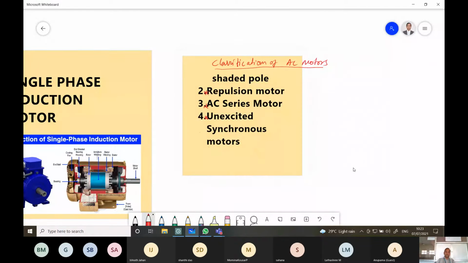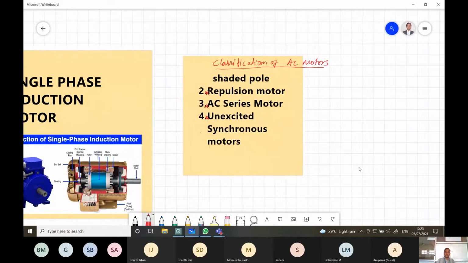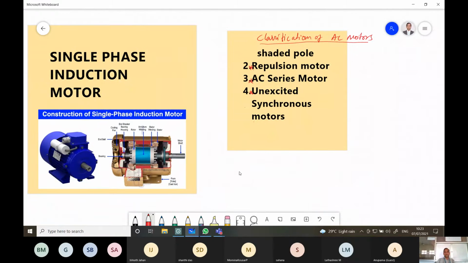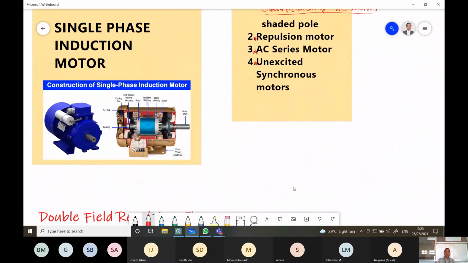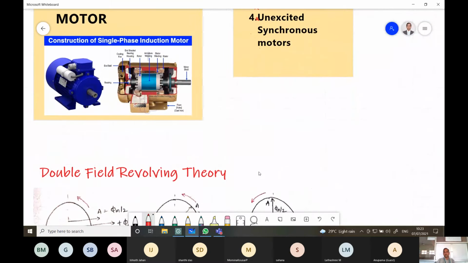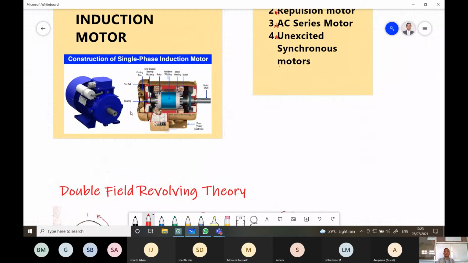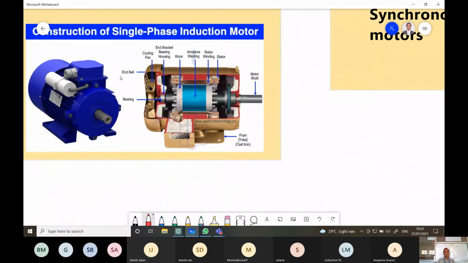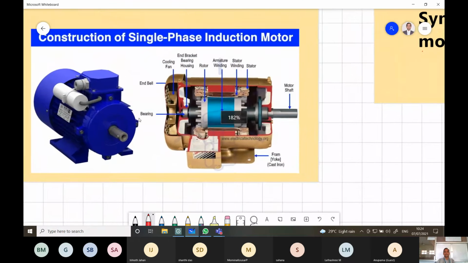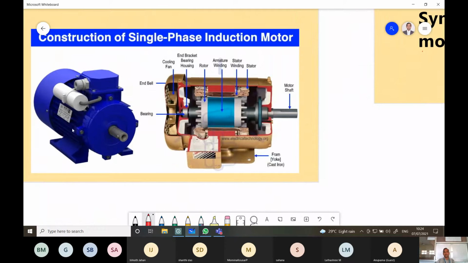Now we will discuss the revolving theory behind the single phase induction motor, and how the rotating magnetic field is produced in it. Before that, let's look at the construction of the single phase induction motor. It consists of a stator part and a rotor part. For starting, a capacitor is connected with the starting winding.